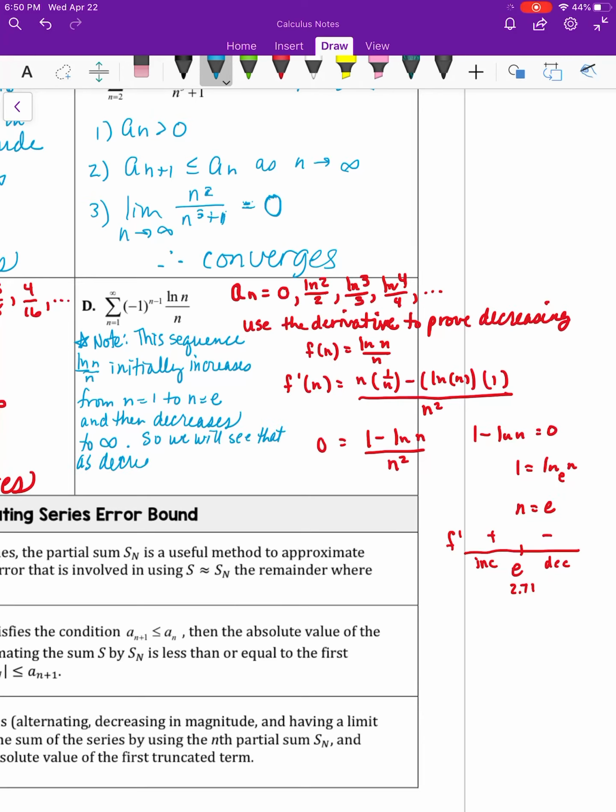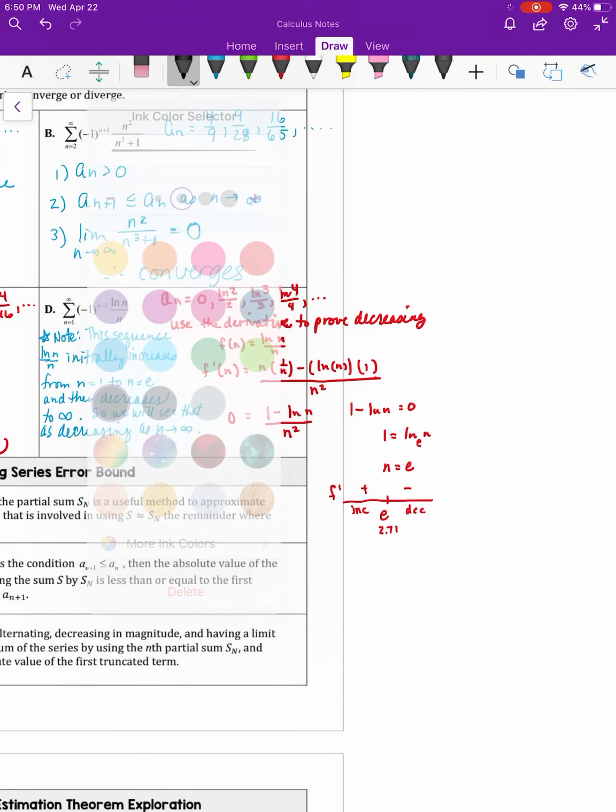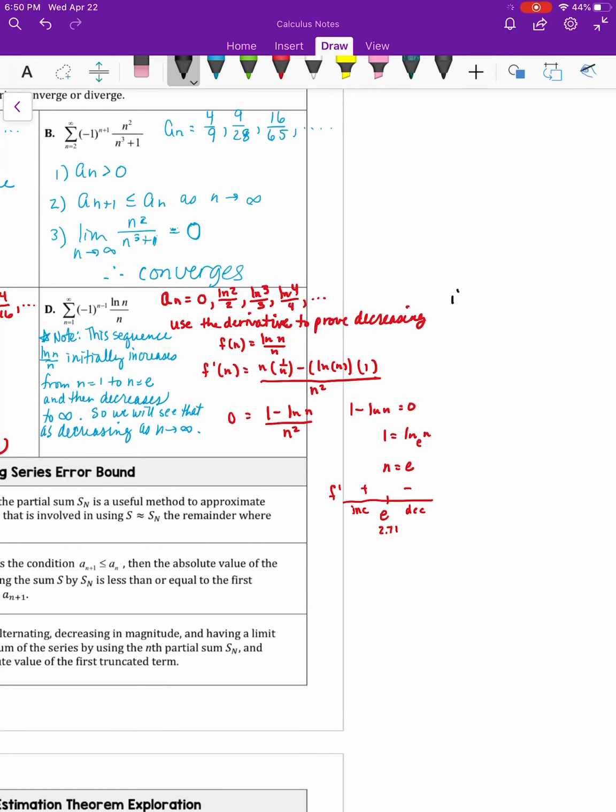But then it decreases as n goes to infinity. So you have to kind of tell yourself this before you start solving this.